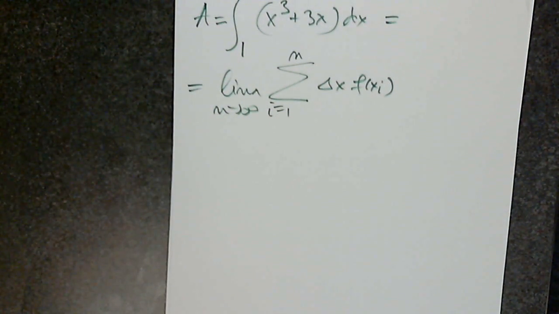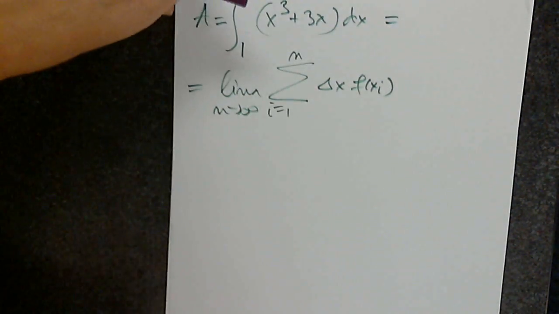Now I need 3 preps for this. Number 1, delta x. Number 2, xi. And number 3, f of xi. Excellent. So let's find delta x first.